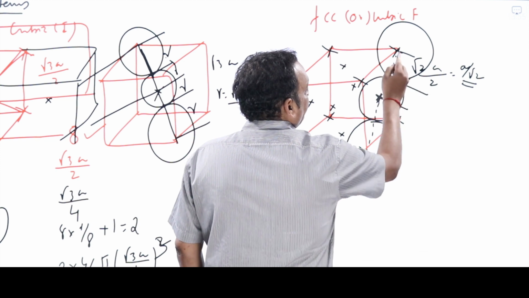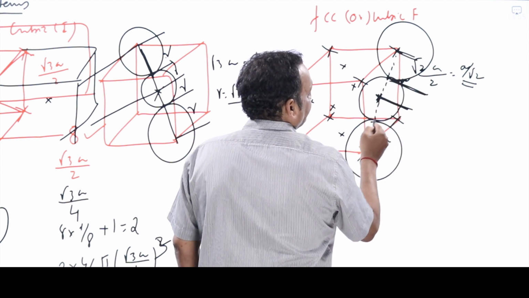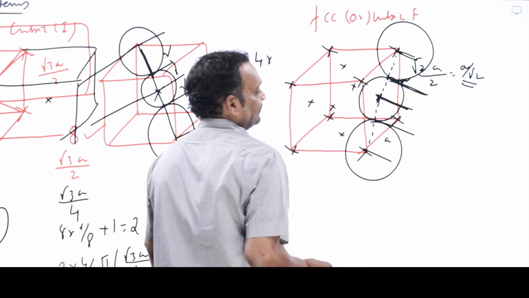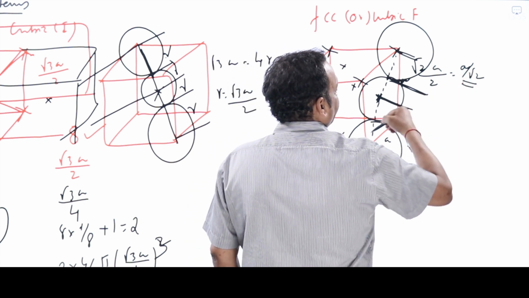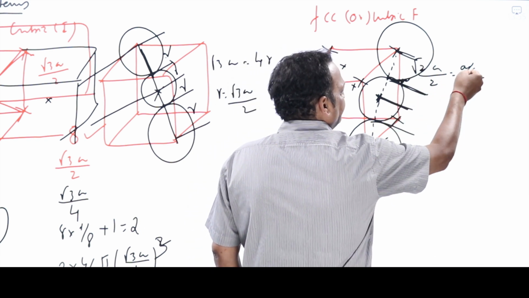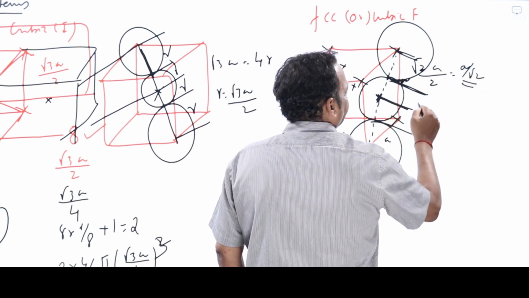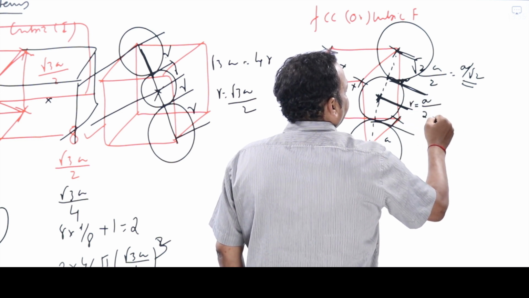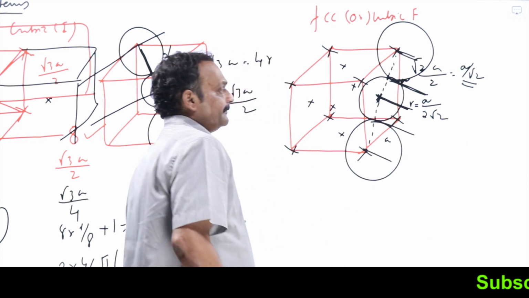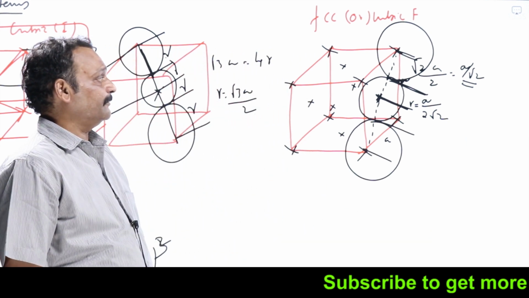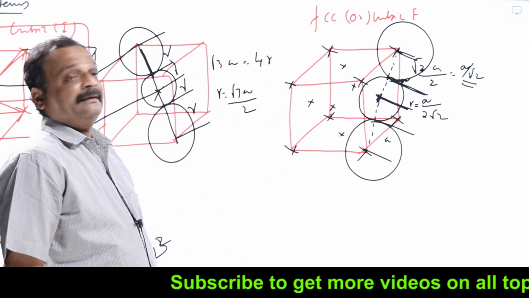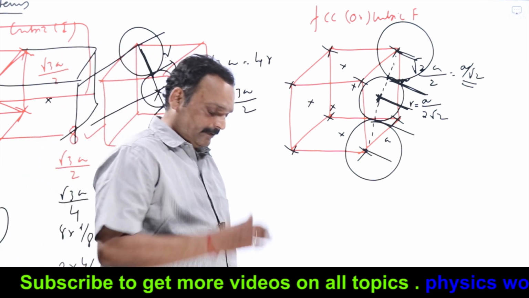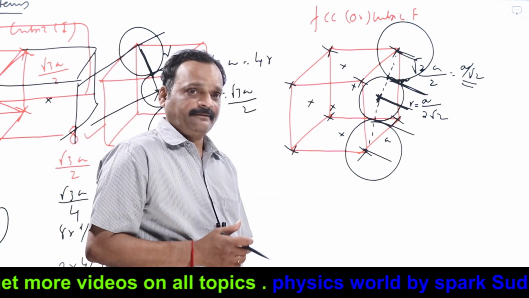So this is one radius, this is second radius, this is third radius, this is fourth radius. So 4r is equal to root 2a, the nearest neighbor distance, and half of it will be the radius of each atom. So r is equal to a by 2 root 2. Now, we can calculate the packing fraction from this.